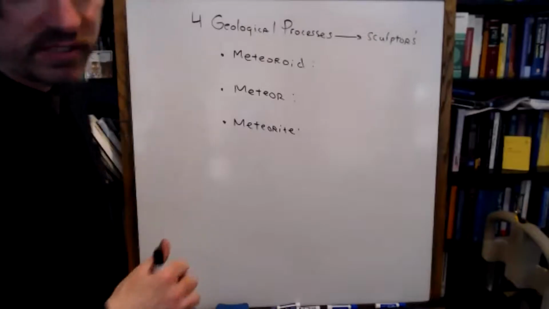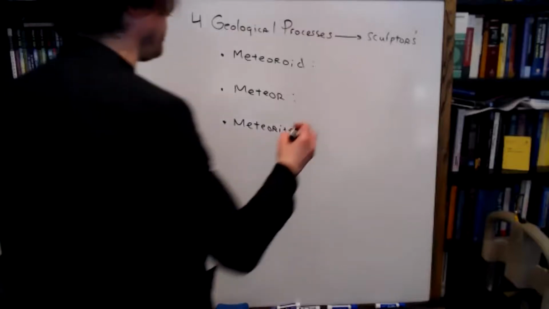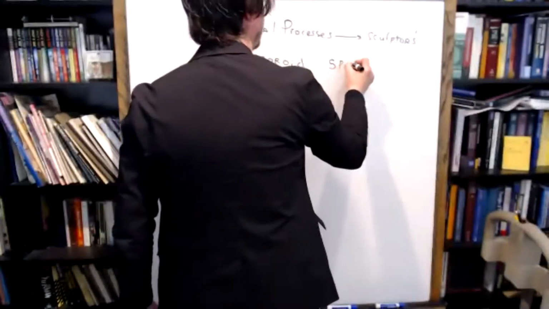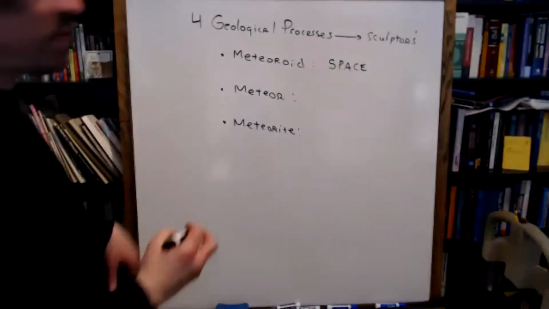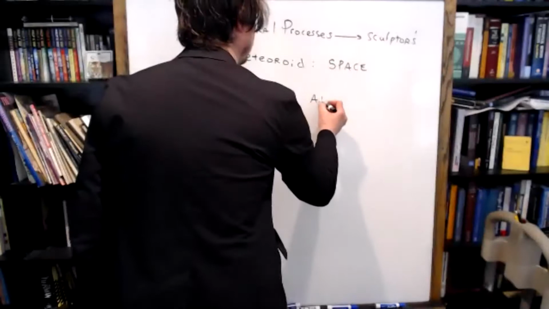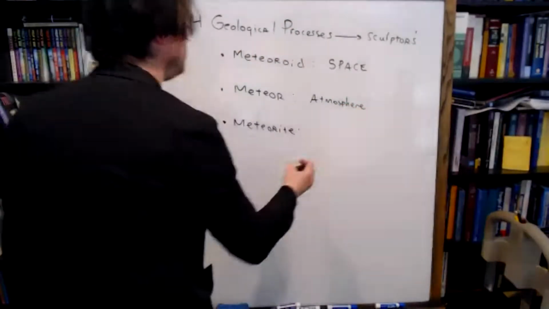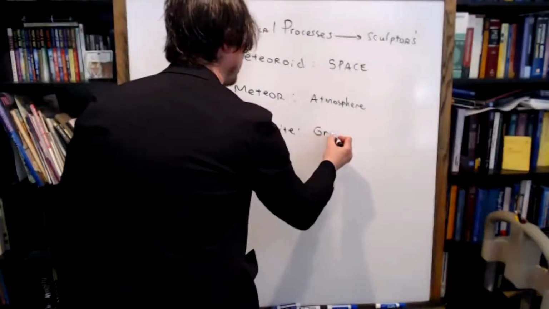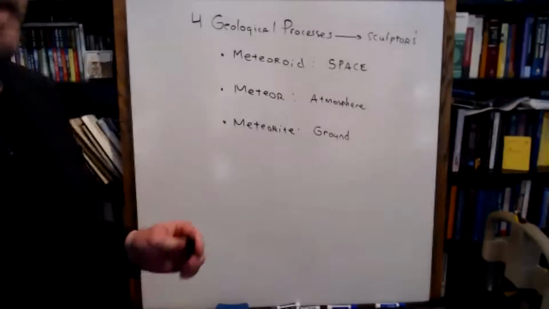Like a simple one-word description. A meteoroid is when the rock is in space, okay? The meteor, the fireball, is when it strikes the atmosphere. And then the meteorite is basically when it's on the ground. So that's the rock that's left over.